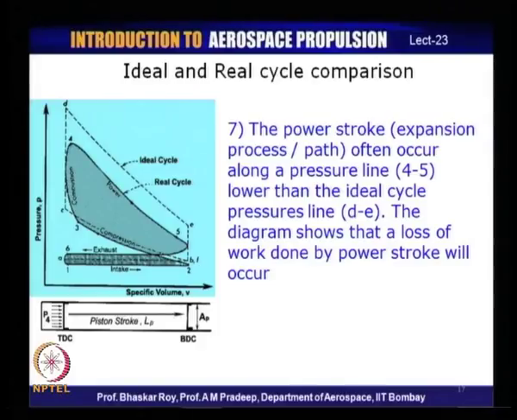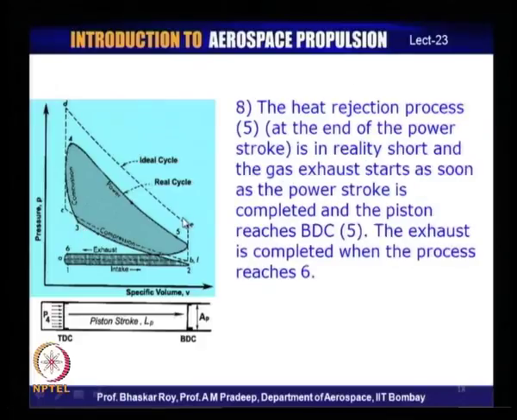So, the ideal process and the real process, as you can see, happen quite differently, because the motion of the piston and the burning of the fuel, all of it together, finally creates what we call the real cycle. As a result, the exhaust process is completed when it reaches 6. Now, this often occurs at a higher pressure.